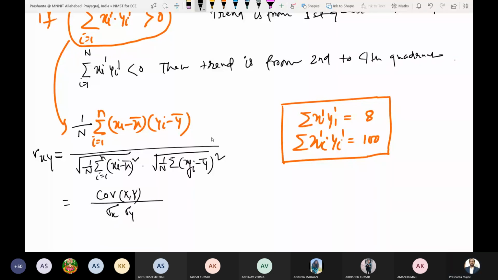And if you have any other values of rxy except -1 and +1, then you will get two lines if you are finding the linear relationship between two-dimensional data. Remember, we are talking about two-dimensional data only. Okay.